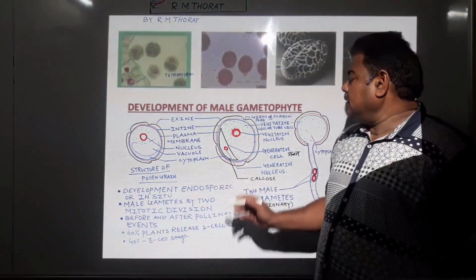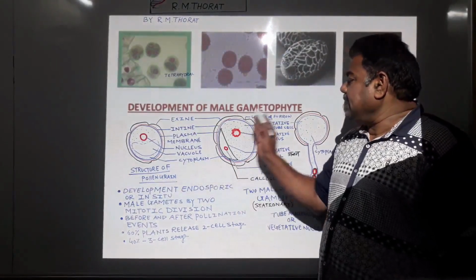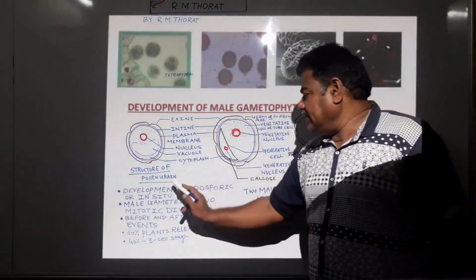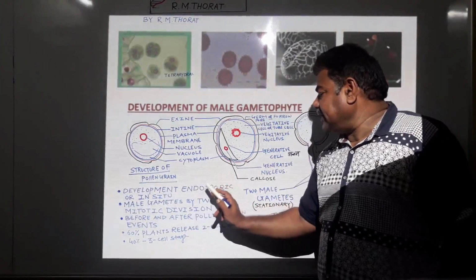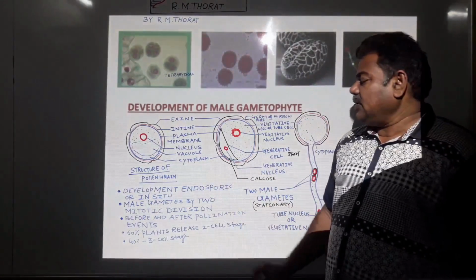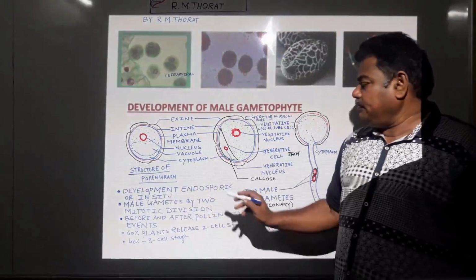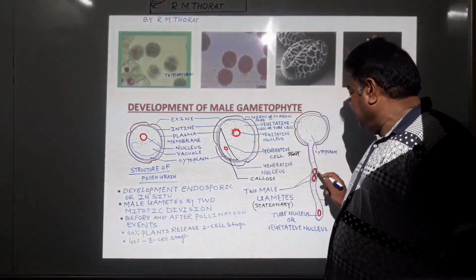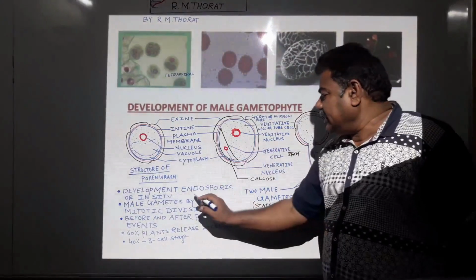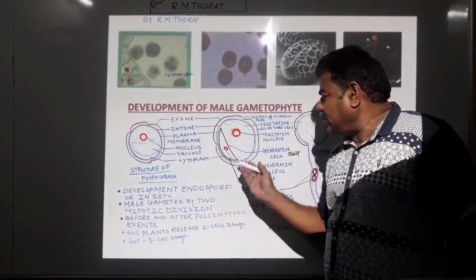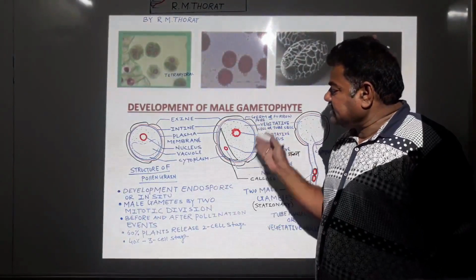Now the development of the male gametophyte is endosporic, or in situ. It means the development of these male gametophytes is endosporic in nature. Endo means inside the cell, which means the events take place inside the cell.